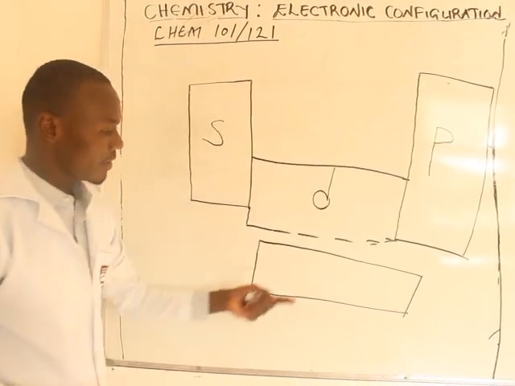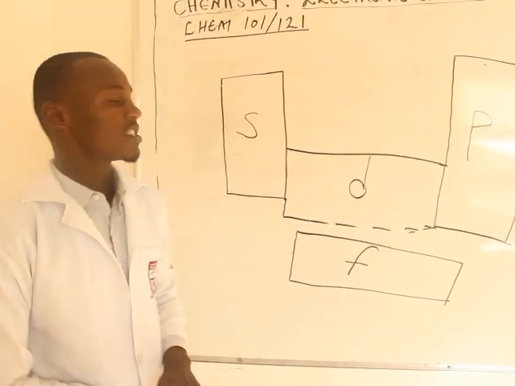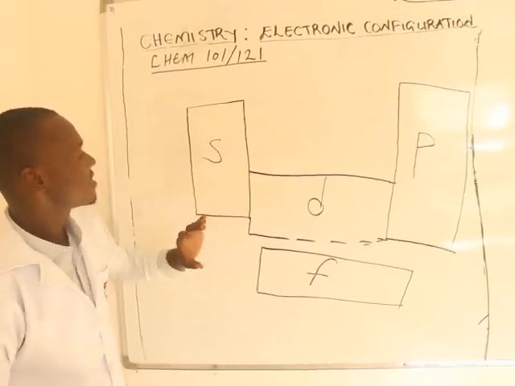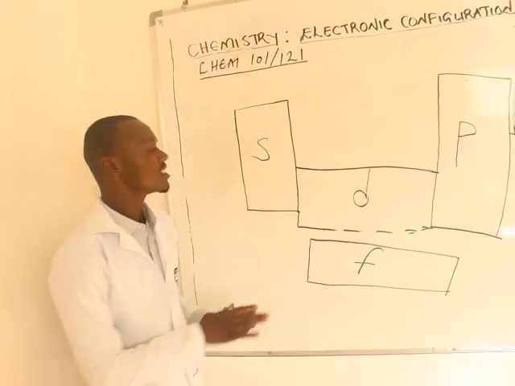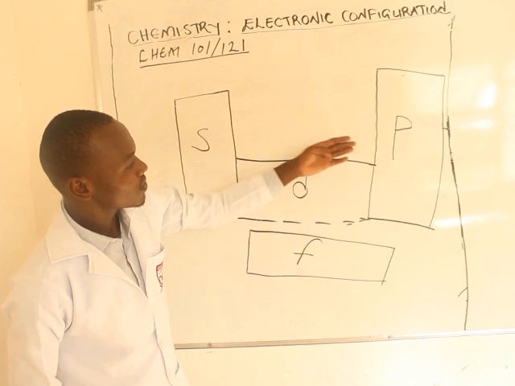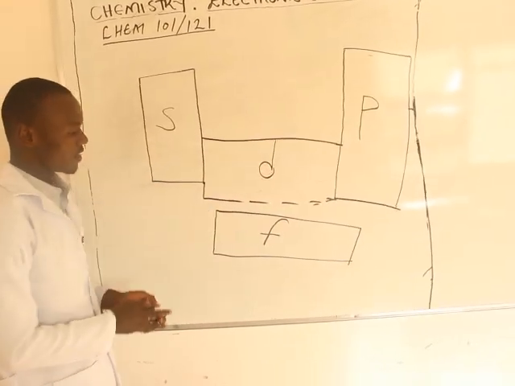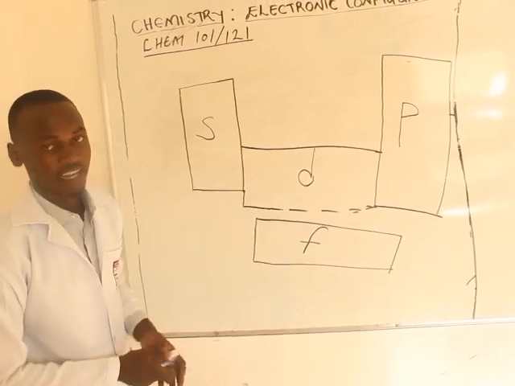Finally, we have the F block. These initials, S simply denotes sharp, then we also have P, D, and F, and they all mean something.